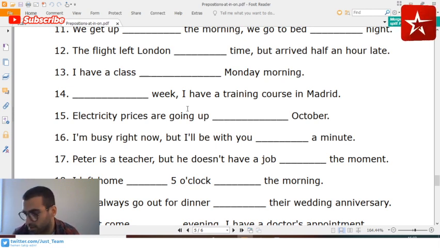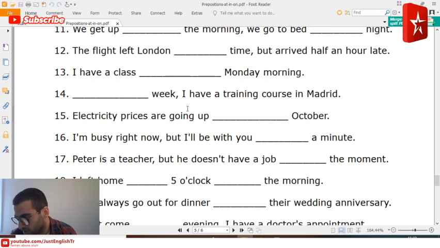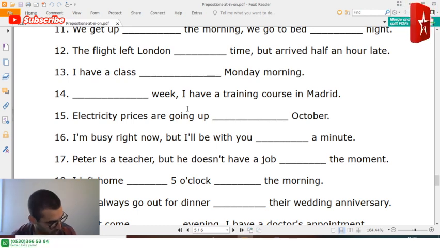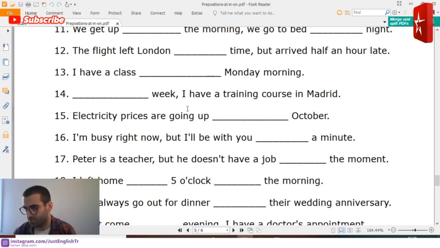Only two students are correct, and I won't tell you who is correct until I get all the answers.